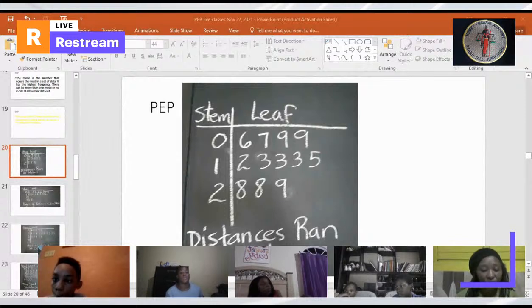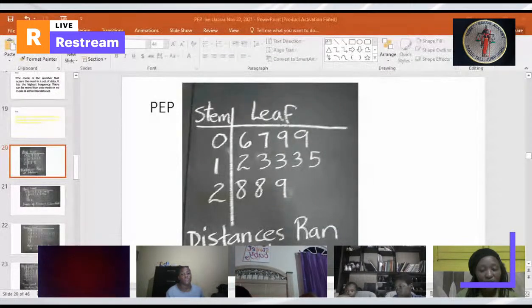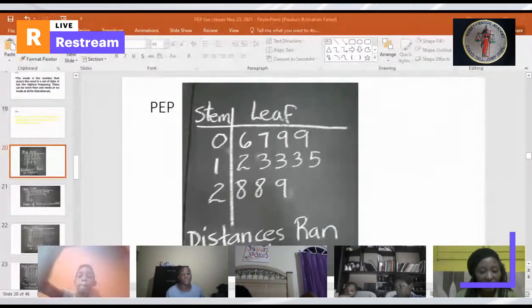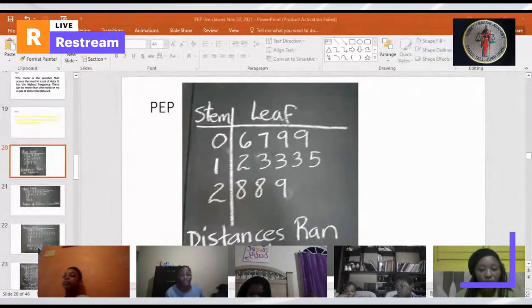And for the range, we subtract the smallest number from the biggest number. Are you hearing now, Siobhan? So the biggest number is 29, and the smallest number from this list is 6. So 29 minus 6 gives us 23, and that is the range.